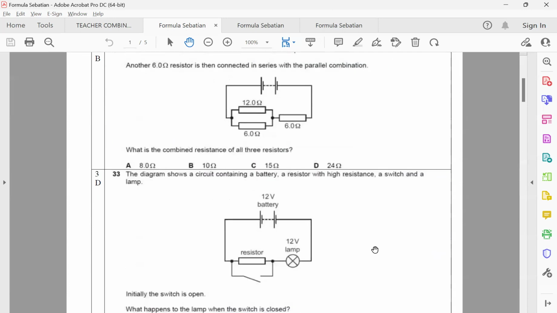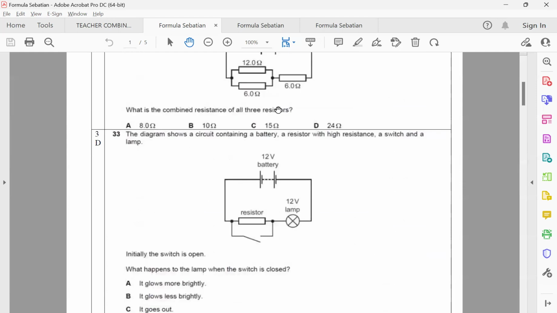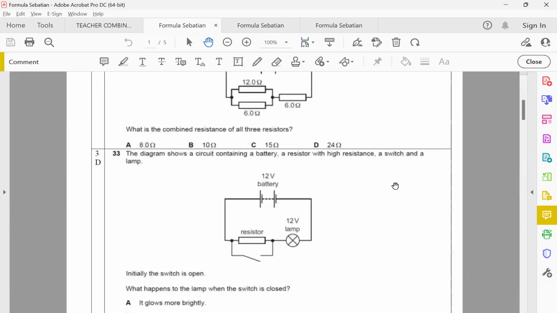Question number 3. Okay, very good question. Okay, guys, look here. Like I keep saying over and over again, the idea is that current will always flow the path of least resistance. If this switch is closed, it means it's connected here, right? Before the switch was closed, the current flows like this because it didn't have a choice to flow alternatively.